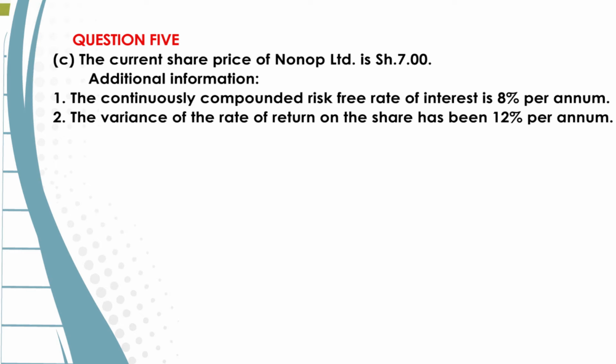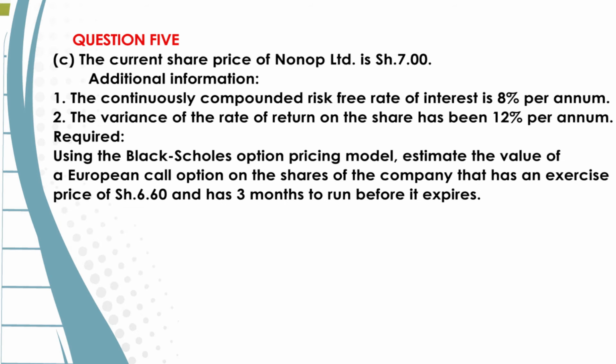Number 2, the variance of the rate of return on the share has been 12% per annum. Required: using the Black-Scholes option pricing model, estimate the value of a European call option on the shares of the company that has an exercise price of 6 shillings and 60 cents and has 3 months to run before it expires.